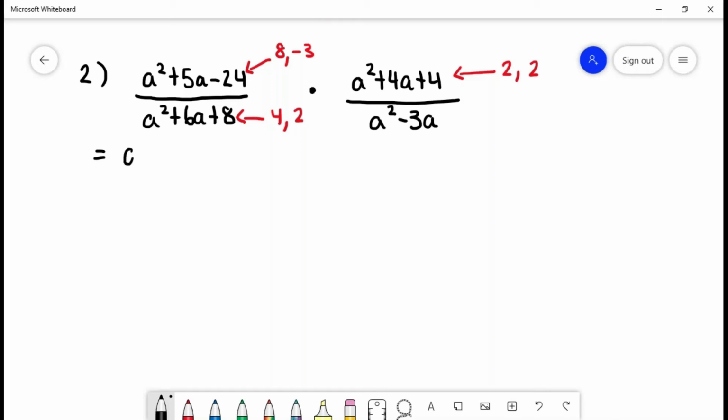So now we're just going to be writing this a squared, and now we're just going to be writing plus 8a minus 3a. And then writing minus 24, which is what we have left. So essentially, I've just written this 8 and minus 3 as coefficients of a and just split them. So I could actually form the sum of 5a, which is our middle term.